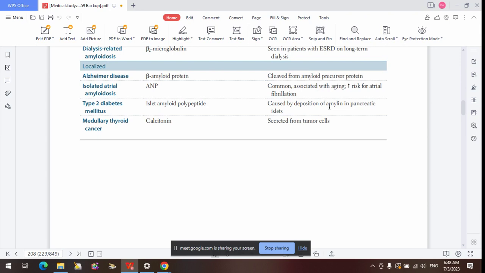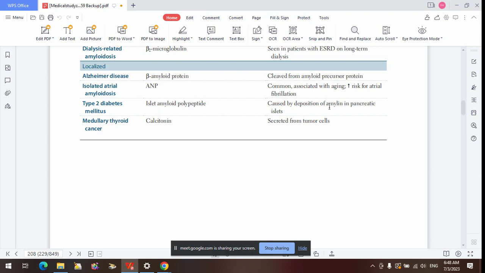Somebody with type 2 DM, one of the pathophysiologies is actually due to islet amyloid polypeptide that is deposited. Islet amyloid polypeptide is also known as amylin. If we take a look at the way type 2 DM happens, we are going to notice that there's an initial insulin resistance, where the insulin receptors are resistant to insulin.